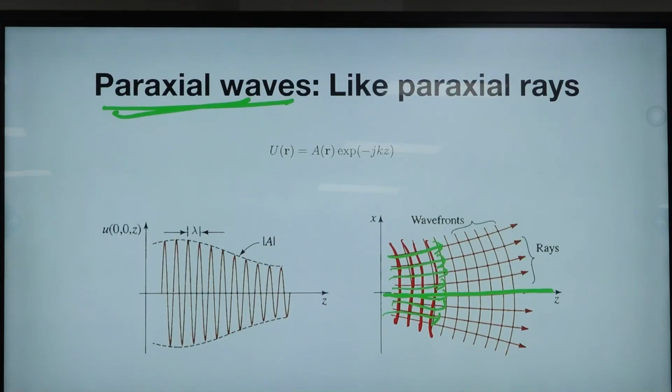In other words, the rays are almost parallel to the z-axis, and therefore the wavefronts are almost perpendicular to it. Those waves are called paraxial waves, and these are very useful. Whatever we derived for ray optics in terms of the lens equation, 1 over z1 plus 1 over z2 equals 1 over f, that kind of equation is also true for wave optics.